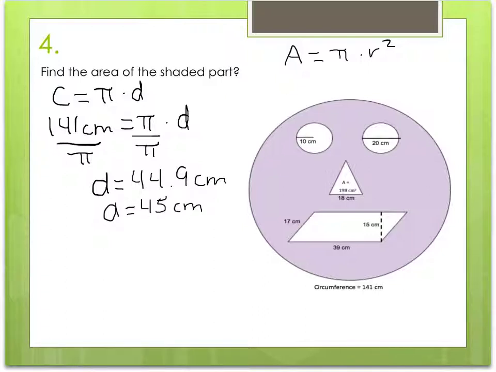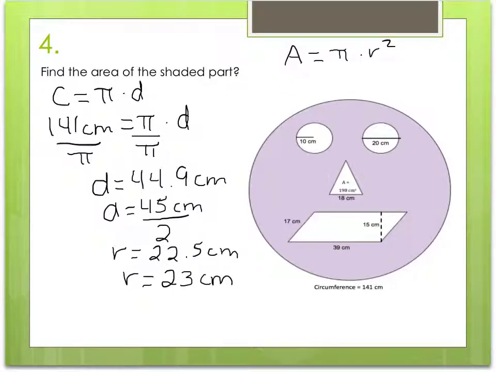Now, in order to get radius, we can divide our diameter by 2. So radius is equal to 22.5 centimeters, or rounded up, radius is equal to 23 centimeters. Now that we have our radius value, we can use this to calculate the area of our circle.